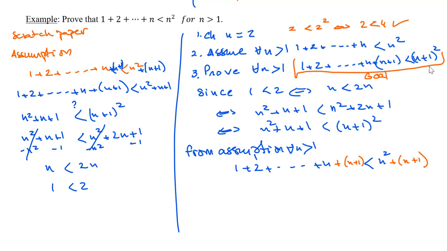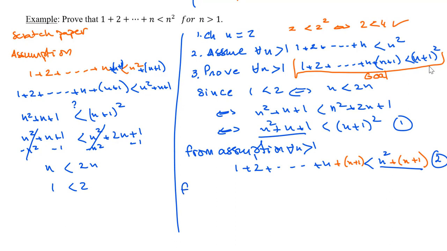So what we are going to end up with is that equivalent to saying 1 plus 2 plus all the way to n plus 1 is less than, and we could say that from 1 and 2, this is common here, right?